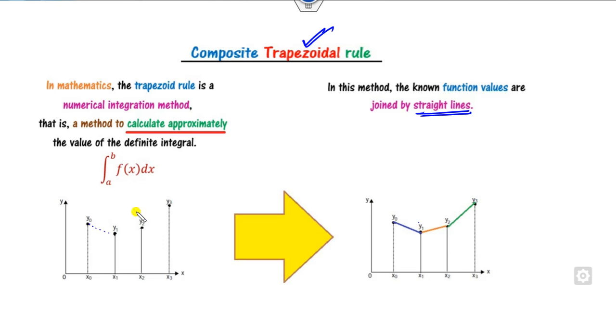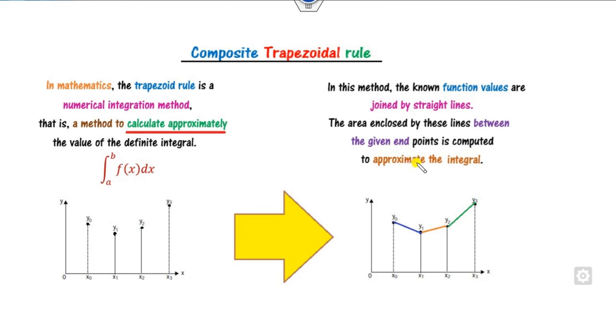Instead of straight lines, you can join them through a curve like this. Then we call it Simpson 1/3 rule, which we will discuss in our next lecture. But right now, if we join these points through straight lines, we call it the composite trapezoidal rule, and our target is to find the area under this curve over here.